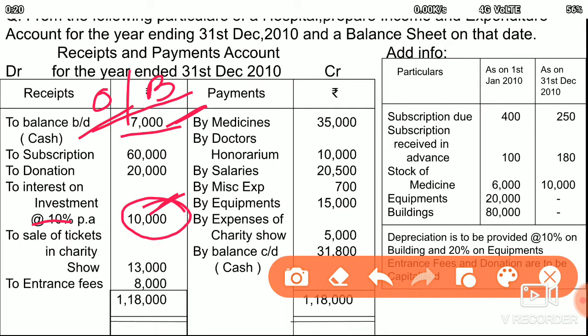Only the investment will come in the opening balance sheet towards the asset side. Besides that, in the receipts and payments account, I think those are the two items we need to show on the asset side.